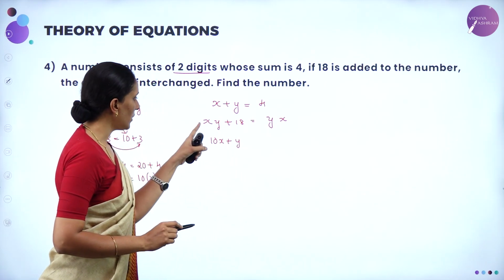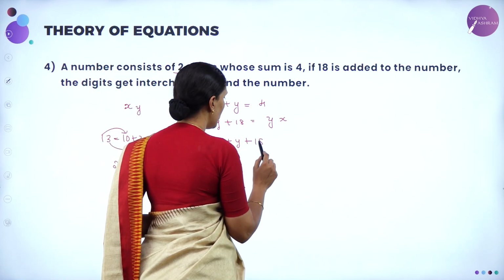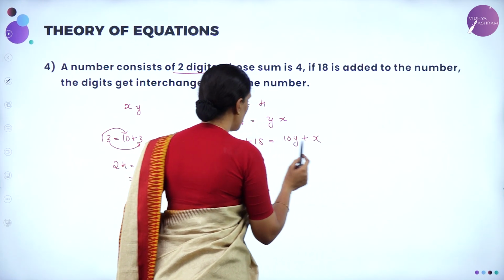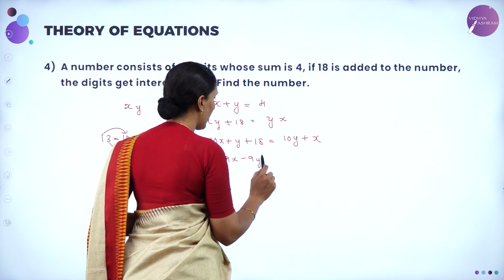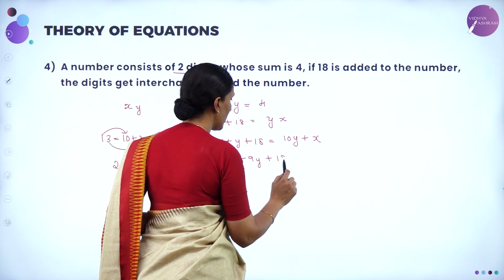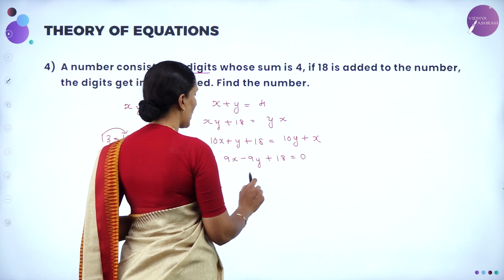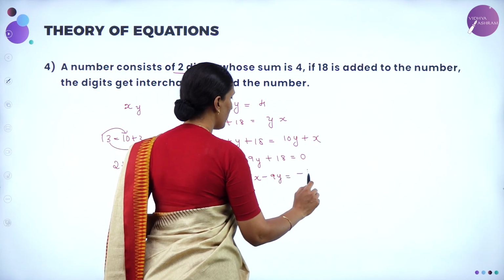Y is a 1's value, x is in the 10's place, so 10x plus 18 is equal to 10y plus x. So after solving this, we'll get 9x minus 9y, and here we have plus 18 is equal to 0. Now here, this can also be written as 9x minus 9y is equal to minus 18.